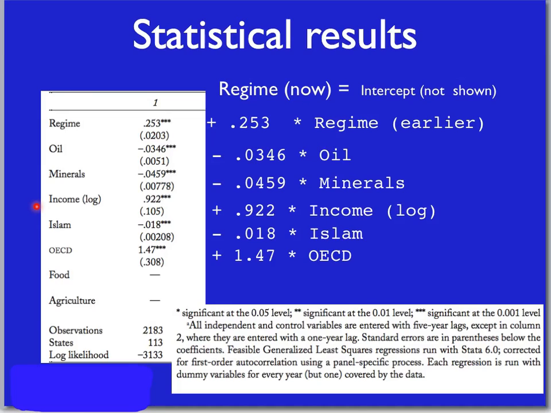And what he's reporting next to each of these variables, so this is regime at an earlier time, oil wealth, mineral wealth, and so on, what he's reporting next to each of them is the coefficient.